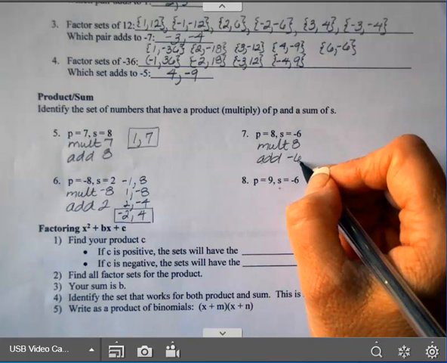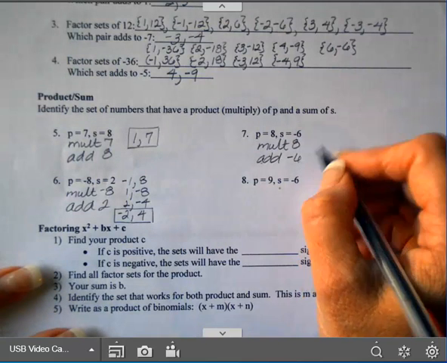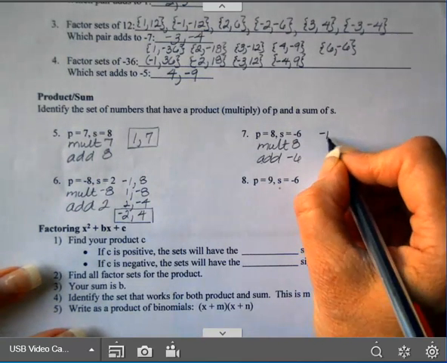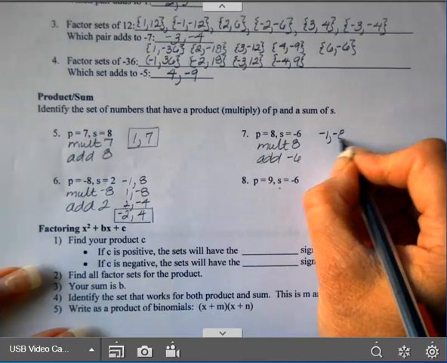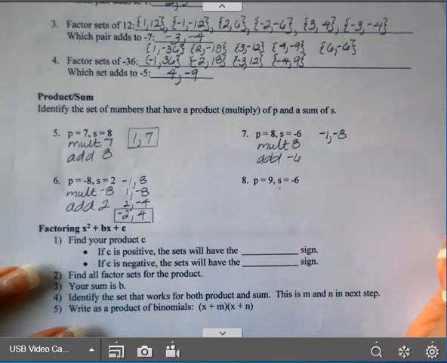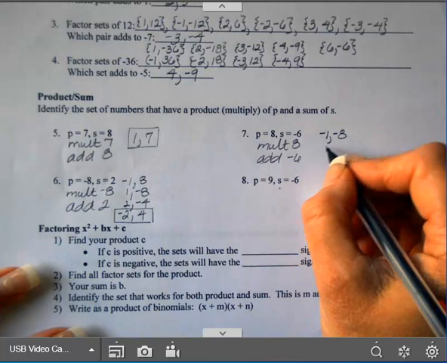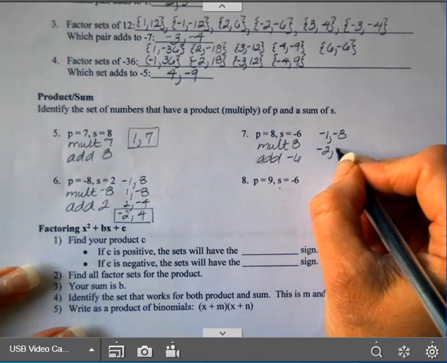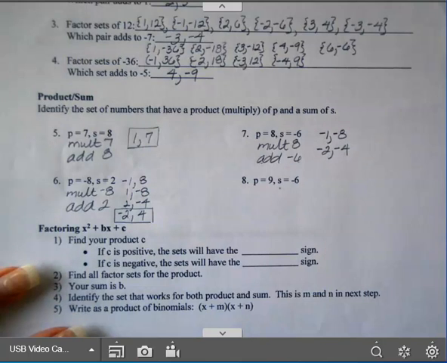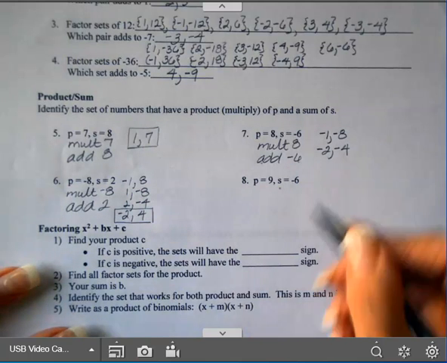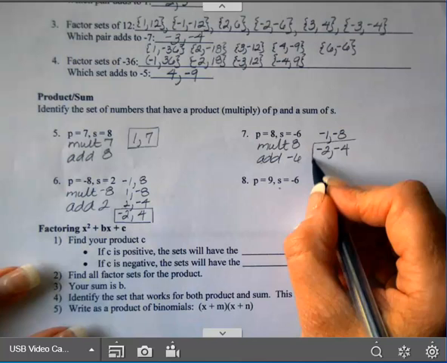Since they add to a negative, we know that both of the numbers are going to have to be negative. So we can write our possible numbers, 1 and negative 8. Unfortunately, those don't add to negative 6. Our only other pair is negative 2 and negative 4, and that pair does add to negative 6, so there's the one we want.